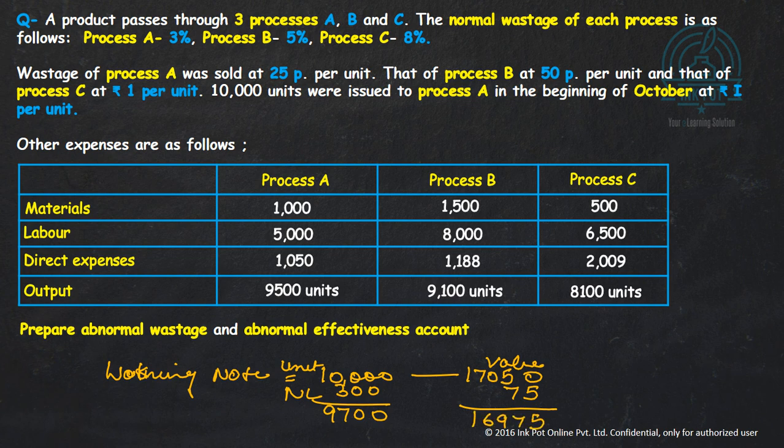So this is the cost. So that means cost per unit is 16975 divided by 9700, into 200 units by the unitary method. If you calculate, you'll get the value of 200 units as 350, right? So this is the value of abnormal loss.